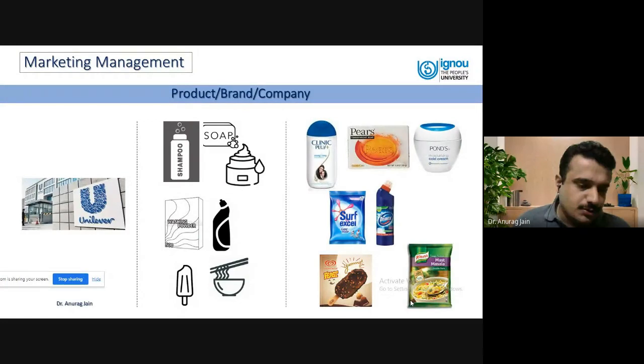Have you got what you need to do here? You have to separate what you can call products, what you can call brands, and what you can refer to as a company.